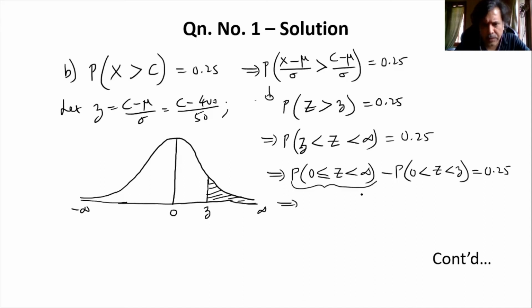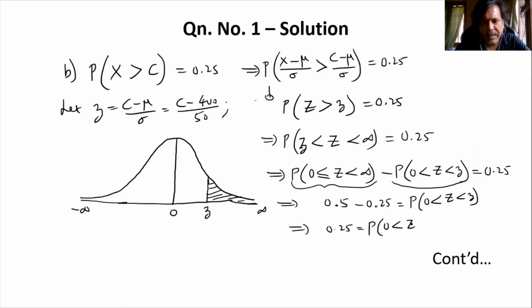This we know it is 50%, 0.5. Bring this 0.25 this side, so it becomes negative 0.25. Take this particular probability to the right hand side, it becomes probability of 0 less than capital Z less than small z. This will become now 0.25 is equal to probability of 0 less than Z less than small z.